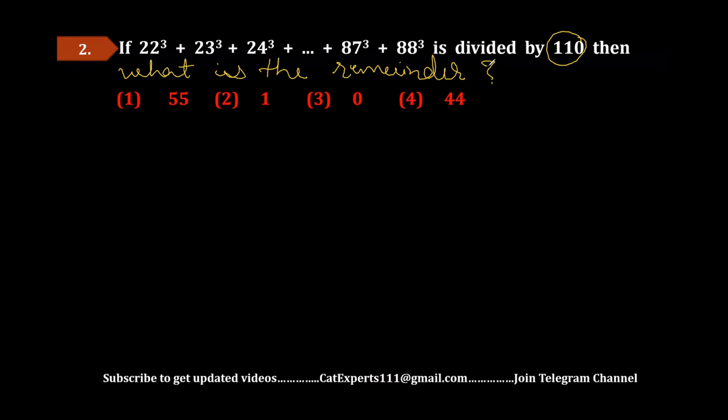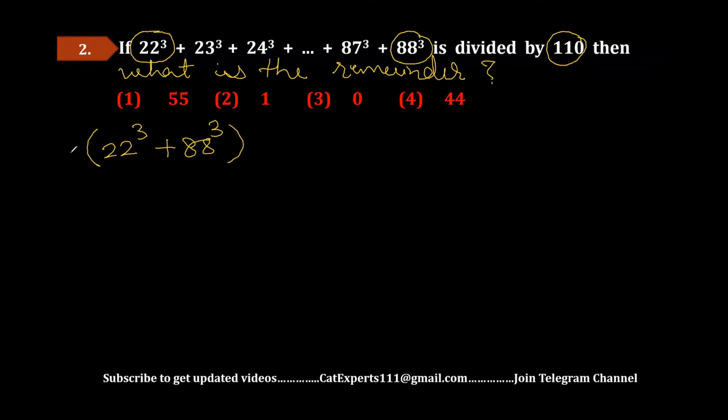My first suggestion to all of you: before you start to solve anything, just focus on the number with which you want to divide it. 110. Can I get 110 or a multiple of 110 in any manner? Yes. Just try to focus on the first and last number. That seems to be very interesting, guys. 22 cube plus 88 cube.